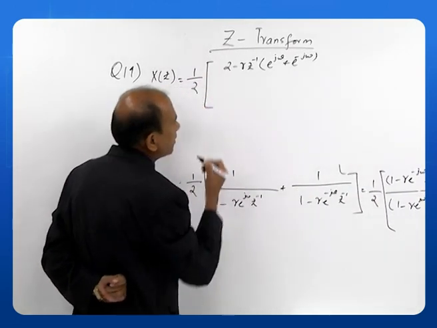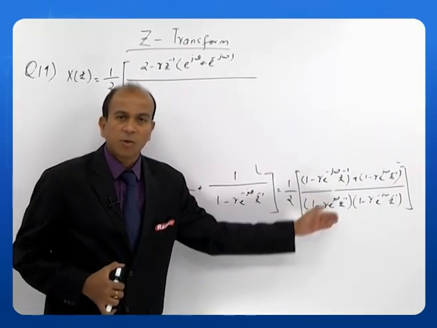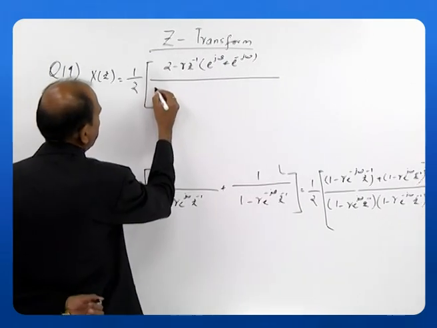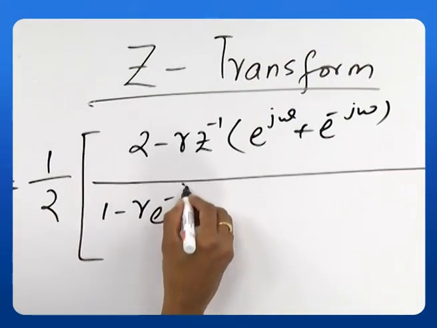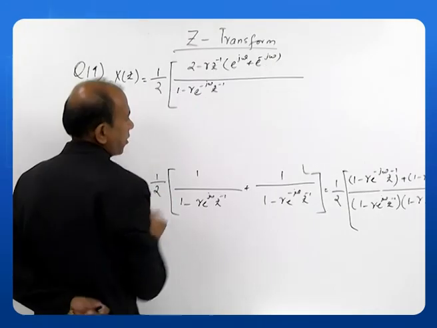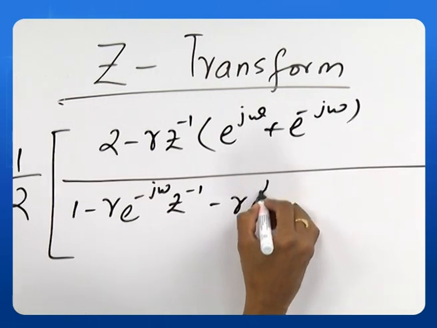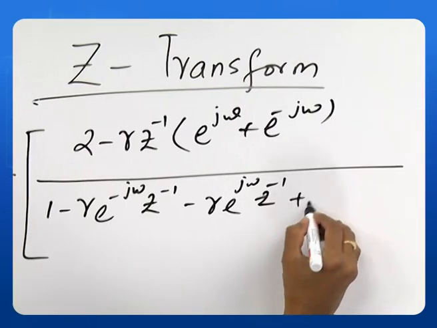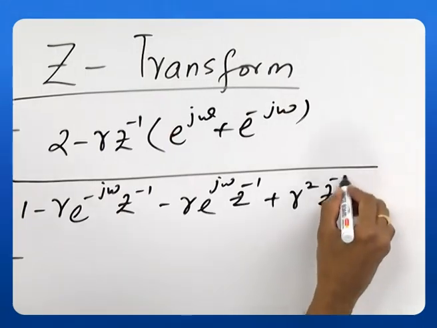Then this is divided by the denominator, which we can cross multiply. That will be 1 minus r e to the power of minus j omega z to the power of minus 1 minus r e to the power of j omega z to the power of minus 1 plus r squared z to the power of minus 2.